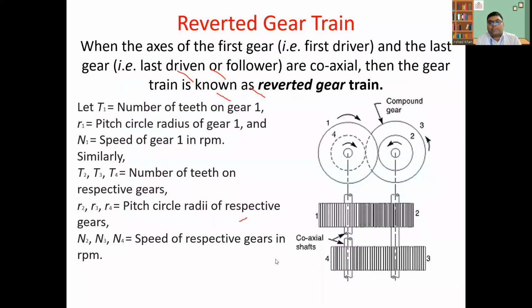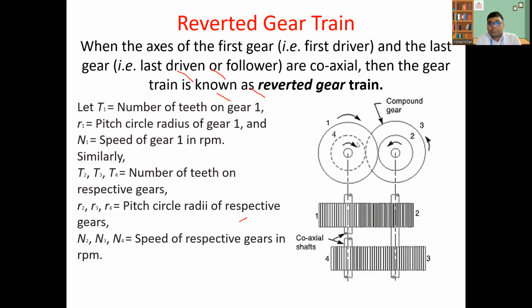So let's discuss the reverted gear train. A reverted gear train is when the axis of the first gear and the last gear are coexistent.